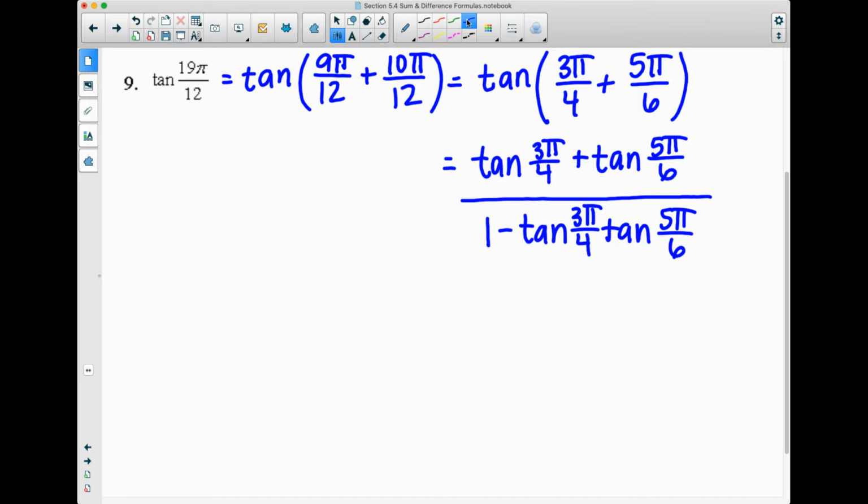Again, you might have done yours differently, so don't go erasing if you chose different things to add, subtract to get 19 pi over 12.